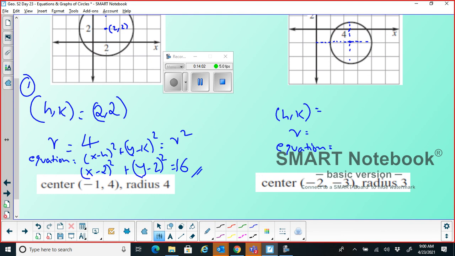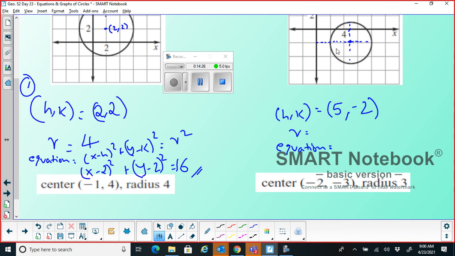So the center will be over here. At this point I have 5 along the x-axis and negative 2 along the y-axis, because every box is 2 units in this graph. So I have here 5 comma negative 2 as my h and k.